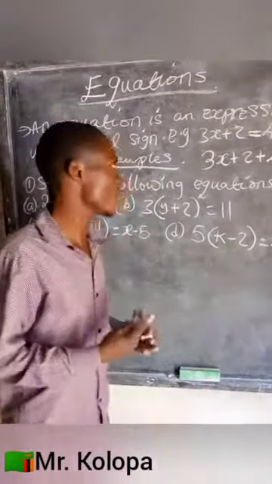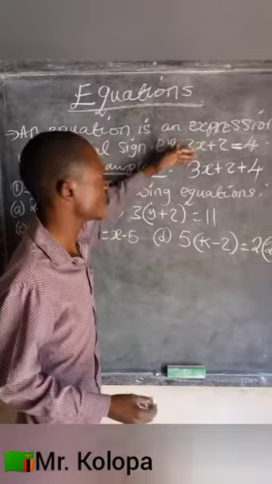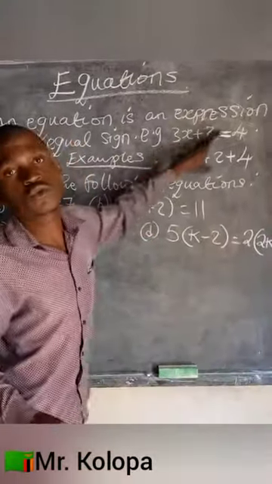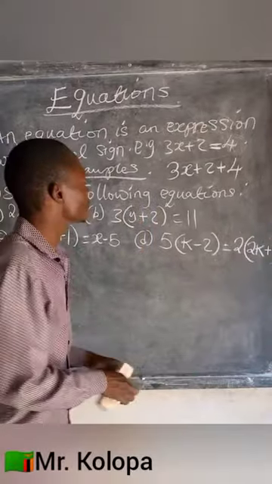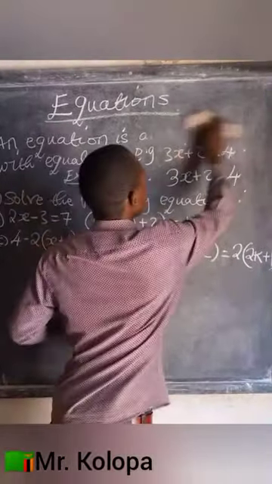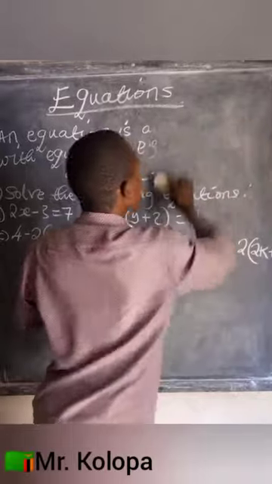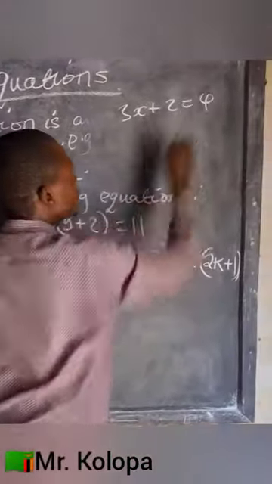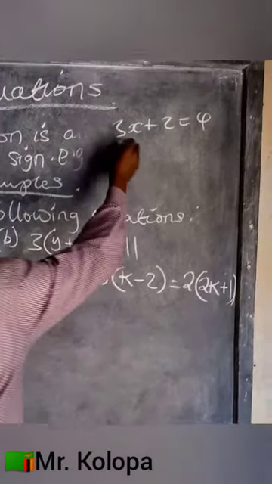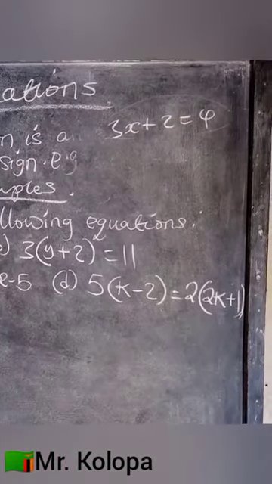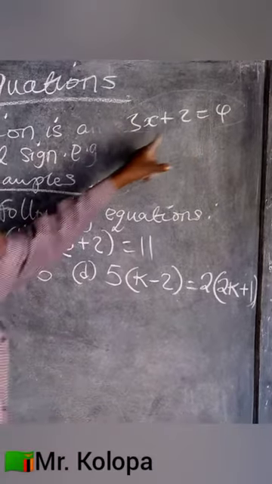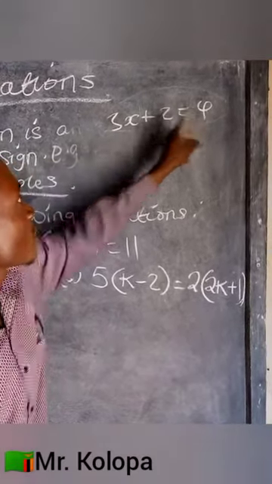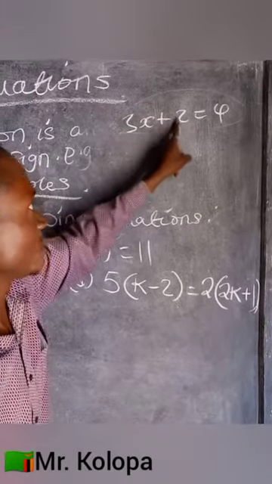Now, how do we differentiate between simplifying an expression and solving an equation? Let's look at this. Here we still have to collect the like terms. So this 2 is going to join the 4 there. This 2 is positive.